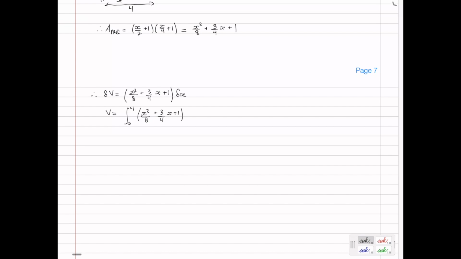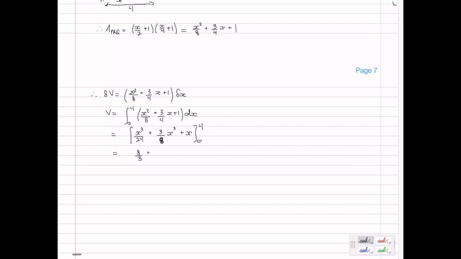dx. Integrating gives x cubed on 24 plus 3 on 8x squared plus x between 0 and 4. Subbing 4 in, I'll have 64 on 24, which is going to be 8 on 3.